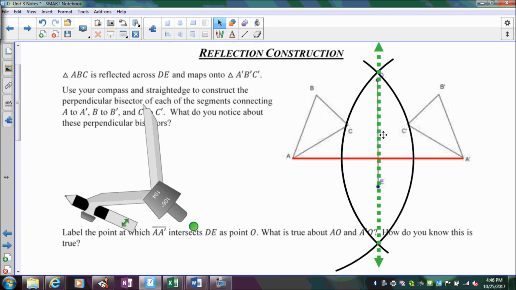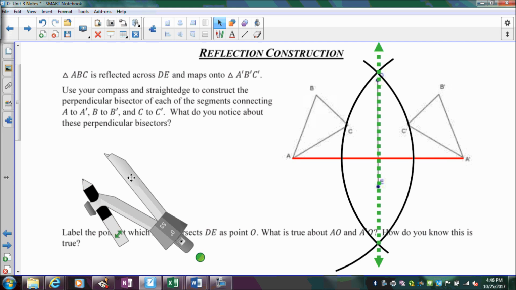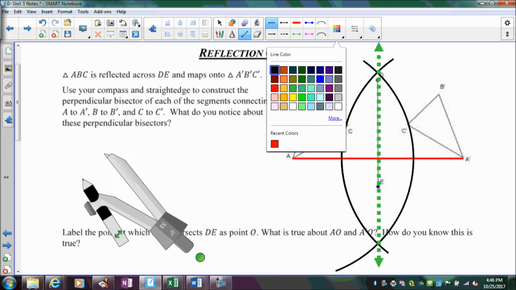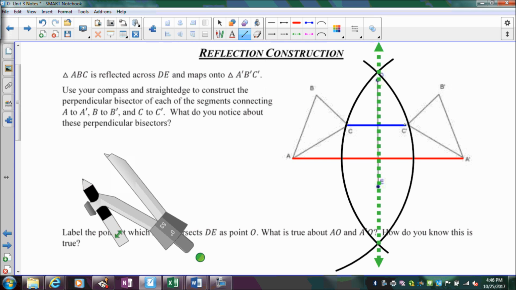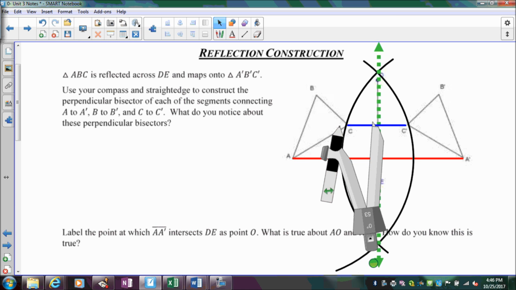Let's continue this process with the other segments formed by joining B and B prime and C and C prime. If I join C and C prime, I do the perpendicular bisector of that. We're going to have our compass on either endpoint.